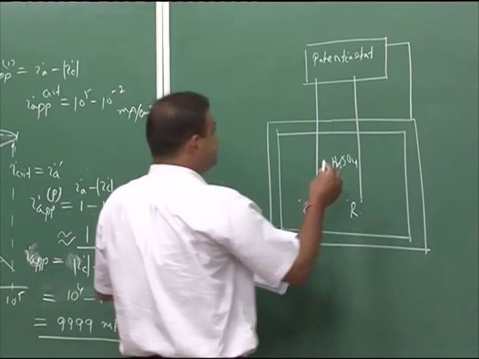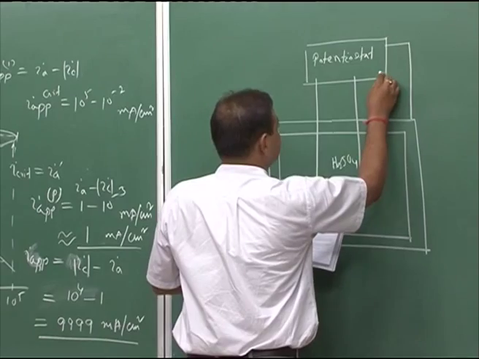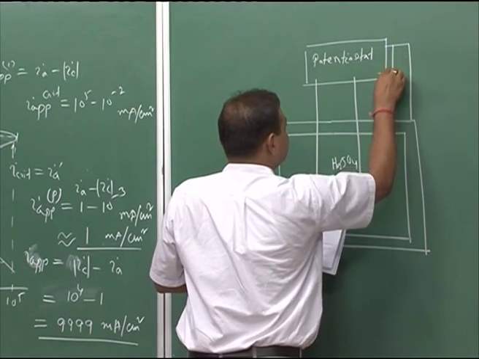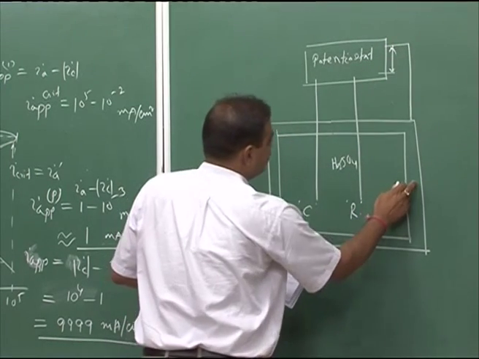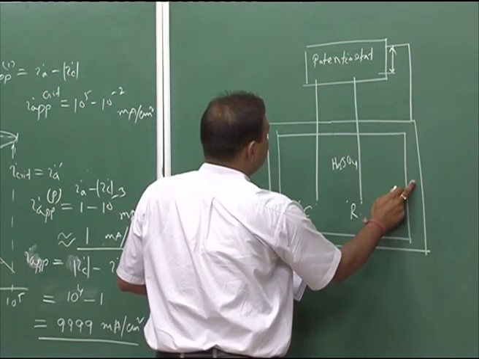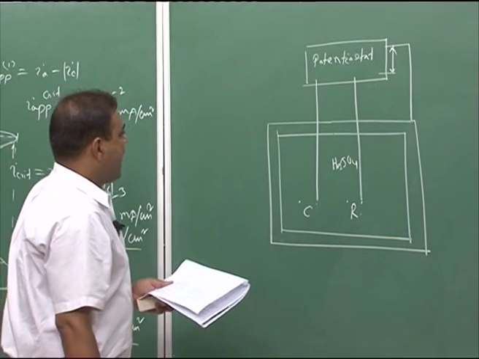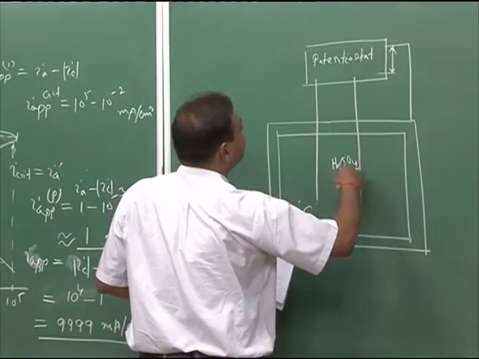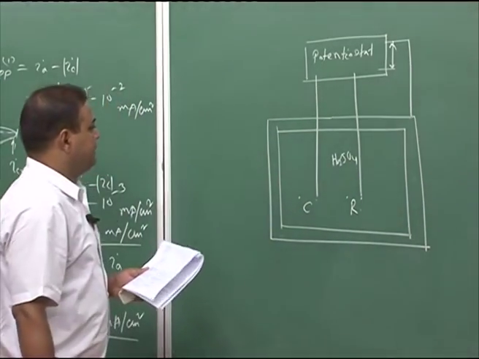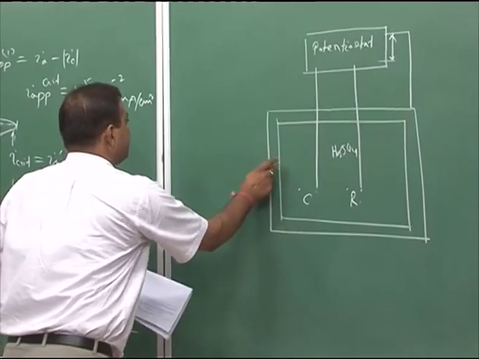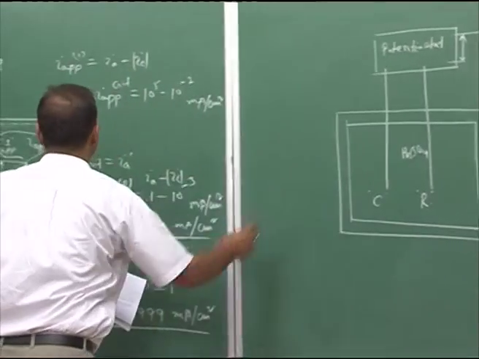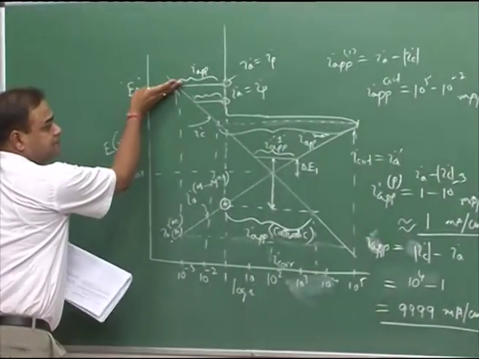Now, we maintain a particular potential between this structure and the counter or reference electrode, and that potential will keep on increasing and take the potential of this steel object, the steel tank, to this level.